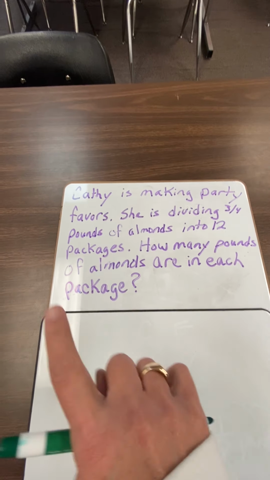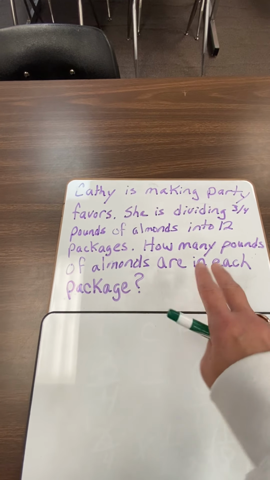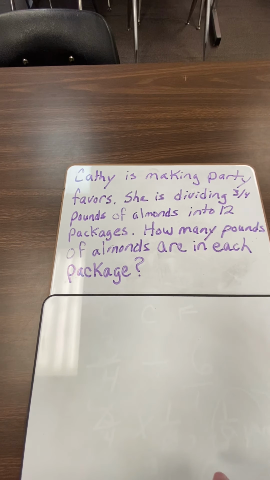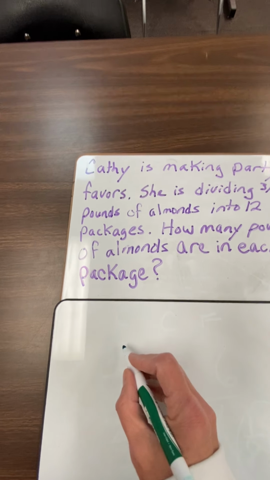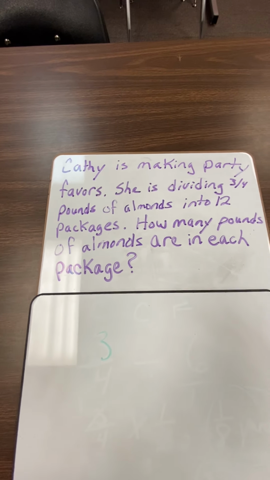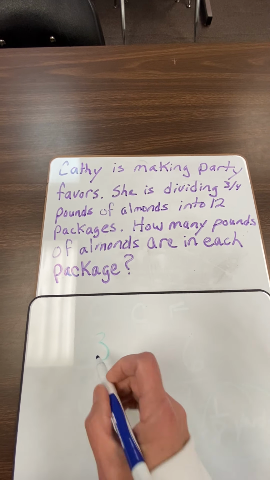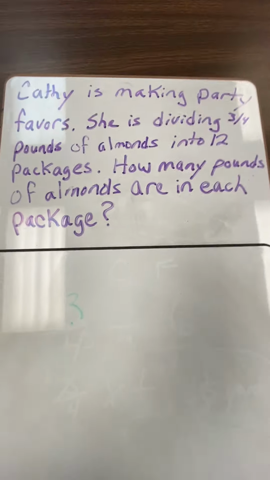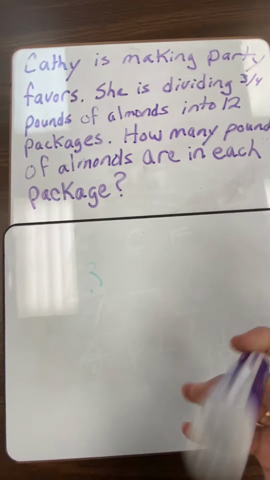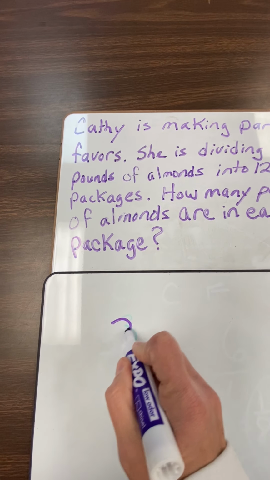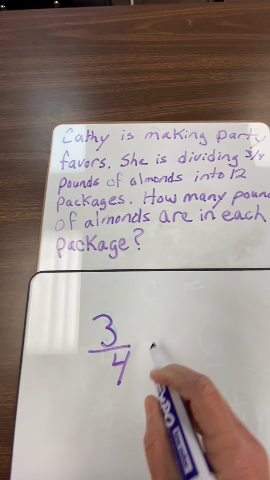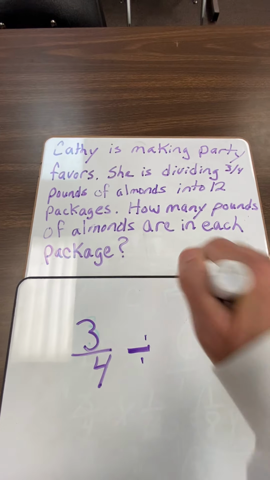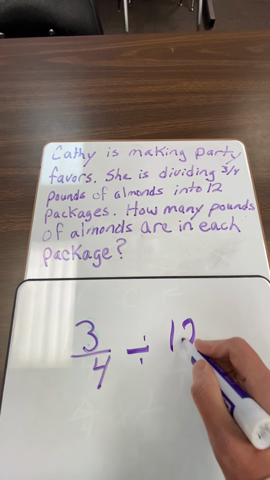She is putting the same amount into 12 packages. So it tells you right there you are dividing 3/4 by the amount of packages, which is 12.